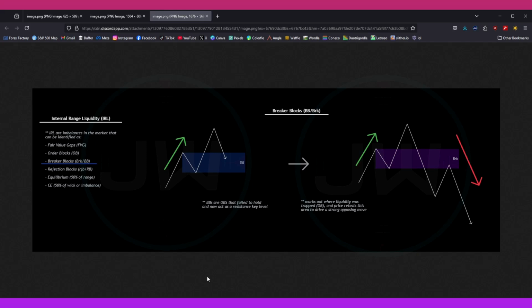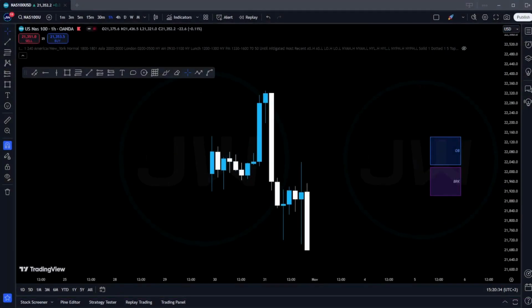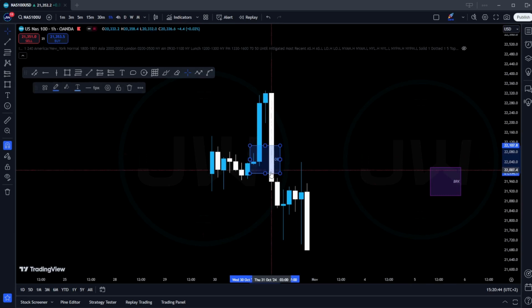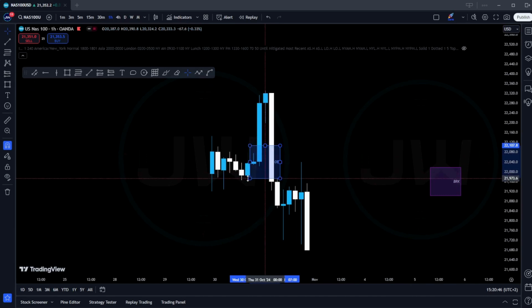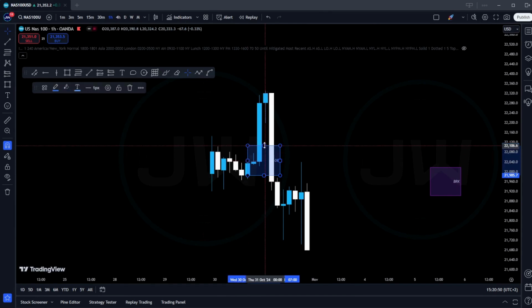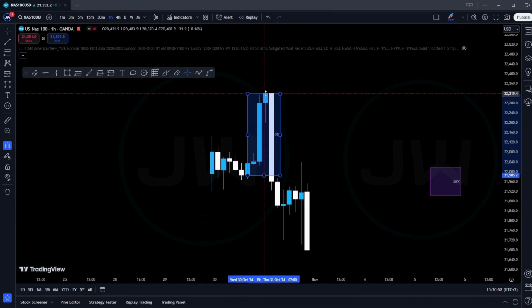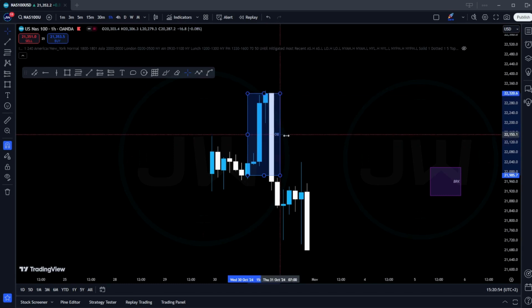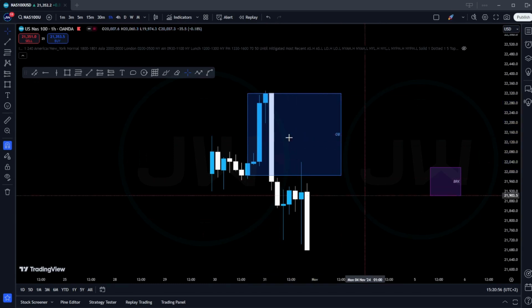So if we look at how our candle example looks like, we can see that our breaker blocks are measured differently to how our order blocks are measured. Remember, our order blocks would be measured from the bodies of the candles, the whole candle or series of candles, and this would be your order block.